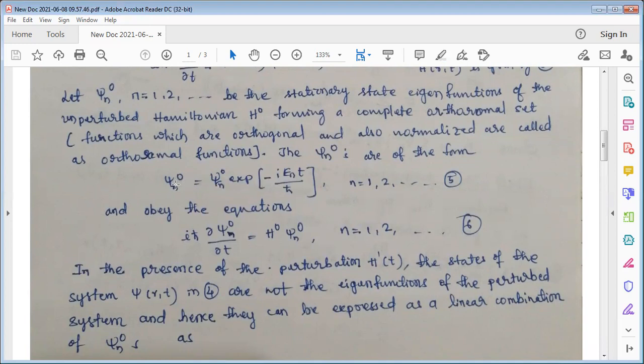Here n represents the state. This is the wave function, and now you are in the state n, and the 0 refers to the unperturbed case. And n is equal to 1, 2, 3 gives the excited states. And this equation obeys i h cross dou psi n 0 by dou t is equal to H naught psi n.